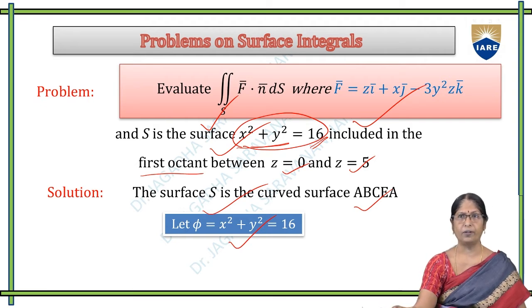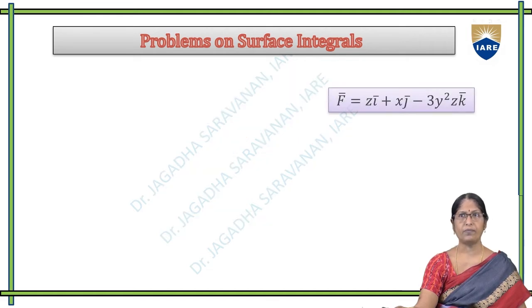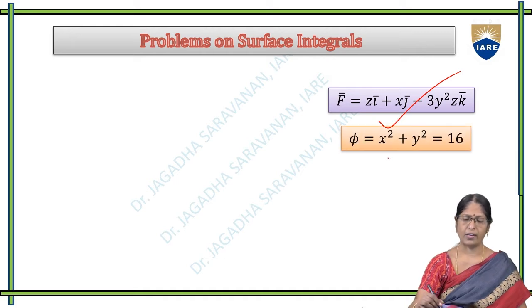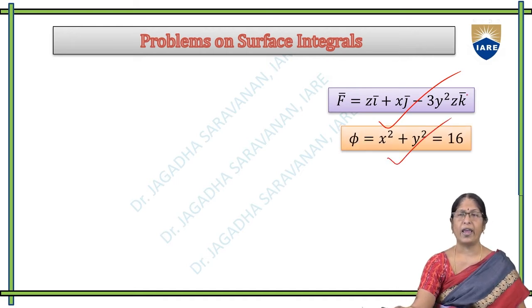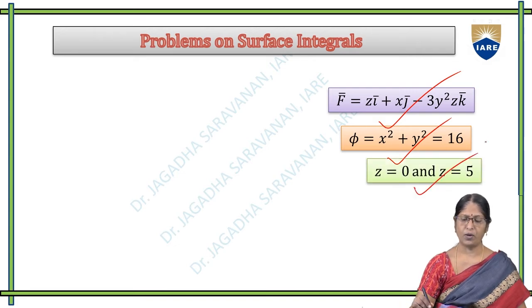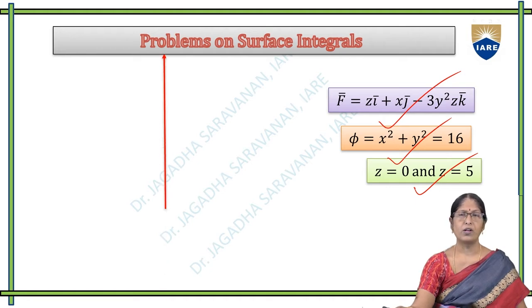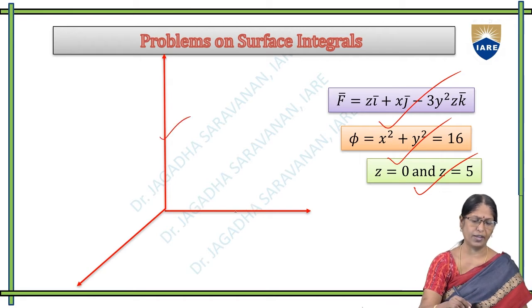That is, let phi equal to x square plus y square equal to 16, capital F equal to z i plus x j minus 3y square z k, and phi also written as x square plus y square equal to 16, z equal to 0 and z equal to 5. So the three-dimensional figure is here.